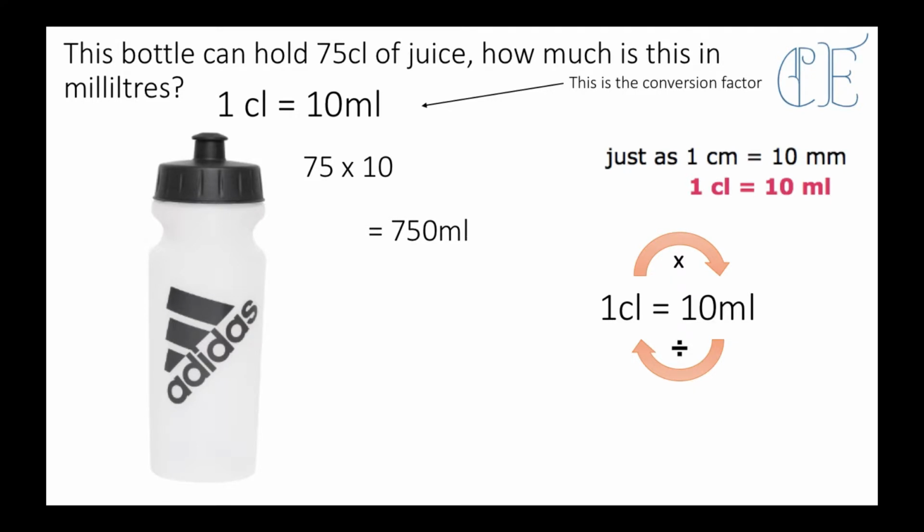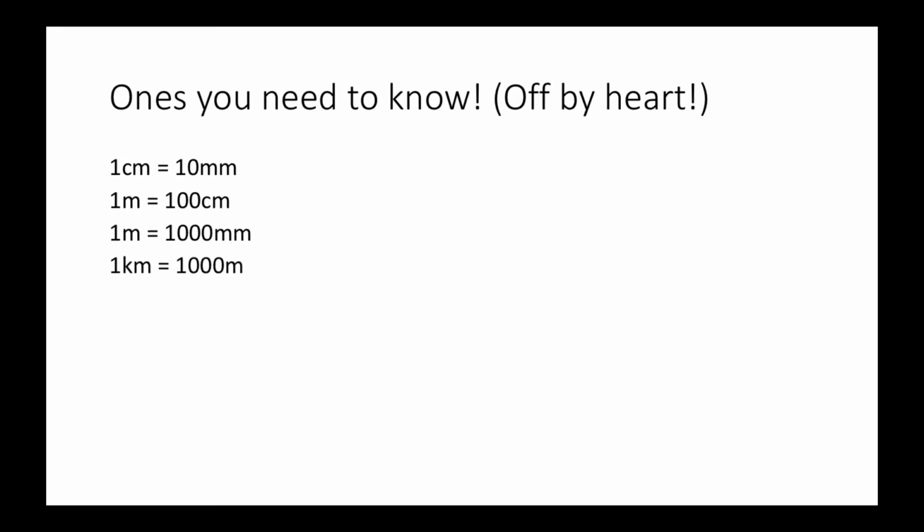Okay, so these are the ones that you're going to need to know off by heart. You need to learn them. You need to learn that 1 centimetre is 10 millimetres, 1 metre is 100 centimetres, 1 metre is 1,000 millimetres, 1 kilometre is 1,000 metres, 1 litre is 1,000 millilitres, 1 litre is 100 centilitres, 1 kilogram is 1,000 grams.